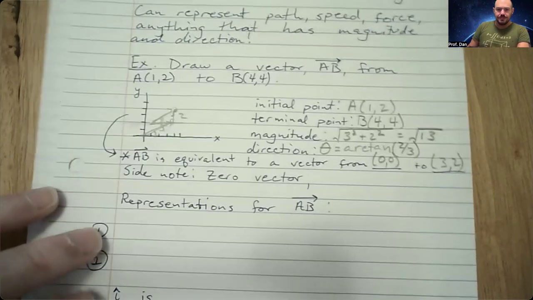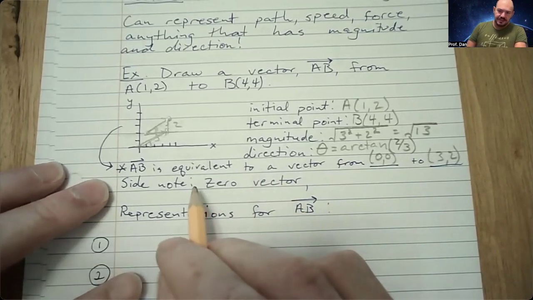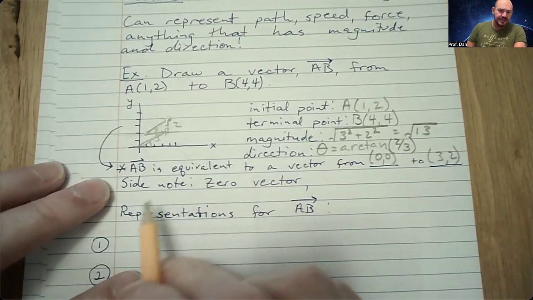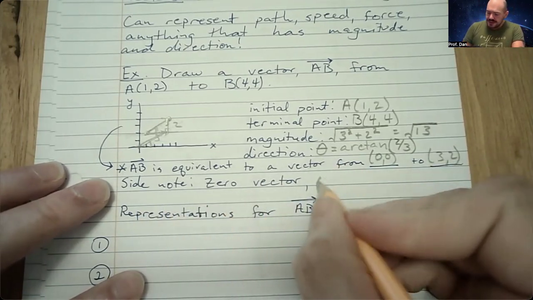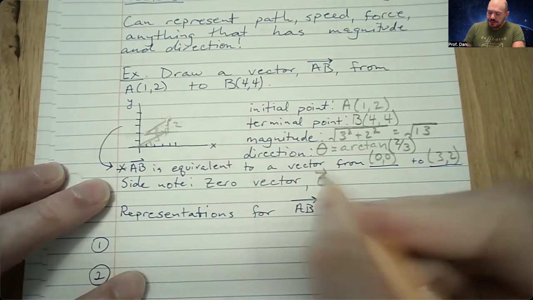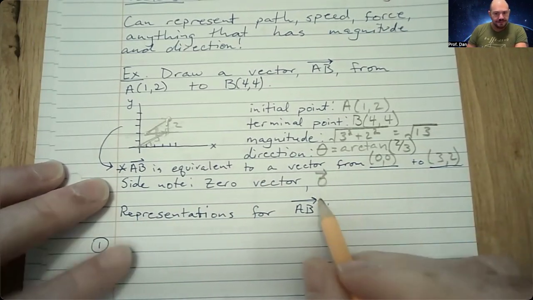Before we talk about representation, as a side note, because edge cases are important to understand, there is something called the zero vector. We represent it using the number 0 with an arrow on top. Arrow usually just means vector quantity.